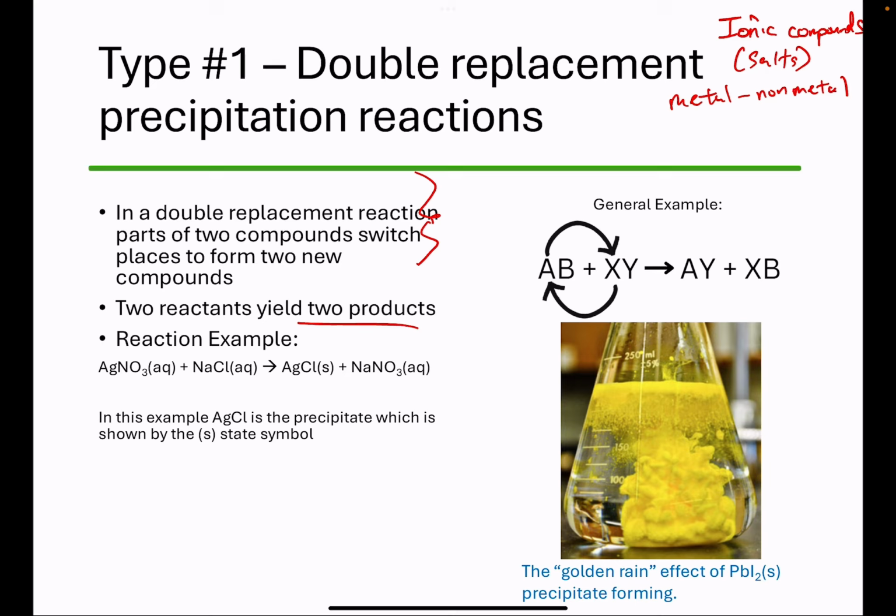Okay, so in this case, the A and X are going to switch places. So now instead of A bonded to B, you have A bonded to Y, AY, and X instead of being bonded to Y, it's going to bond to B, so we have XB. You're not going to see the other way around, where you see A bonding with X or B bonding with Y. The reason is if A bonds with X, that's going to be metal to metal, and B to Y is going to be non-metal to non-metal.